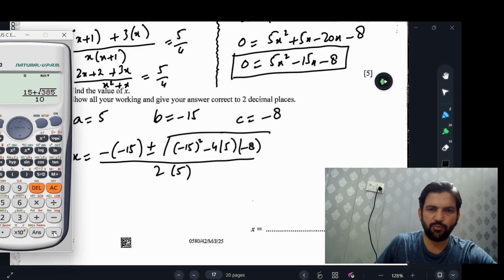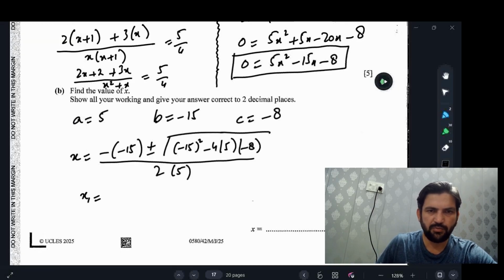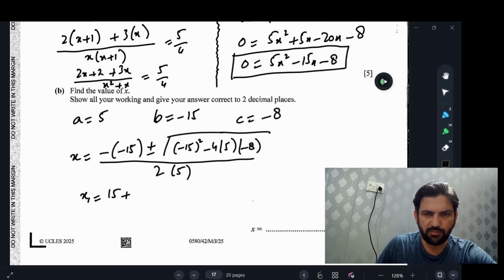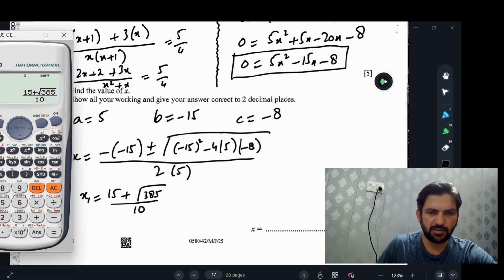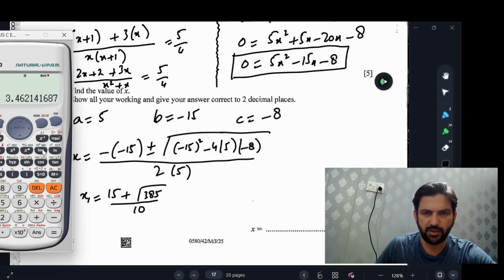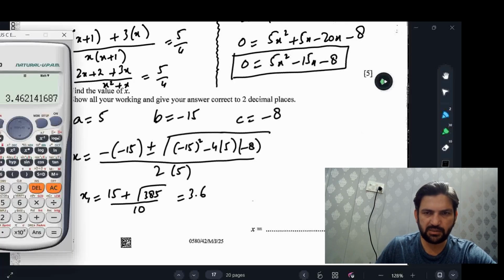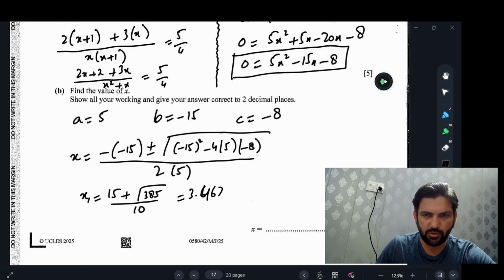So we will have two answers. X1 will be equals to 15 plus square root of 385 divided by 10. Similarly, the other value will be, and in the decimal this will be equals to 3.462 and so on.